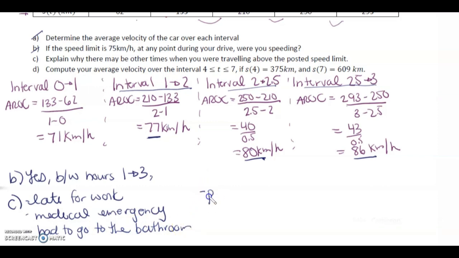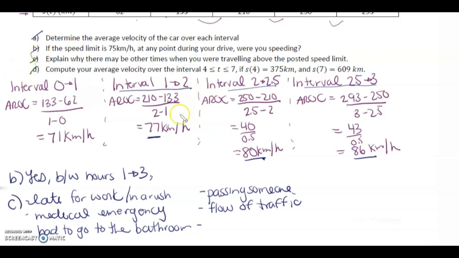Maybe you were just passing someone. You could just be going with the flow of traffic. Maybe that traffic is just all going, say, 80 kilometers an hour, so you're just going with the flow of traffic. So late for work, in a rush. So those are all valid reasons.